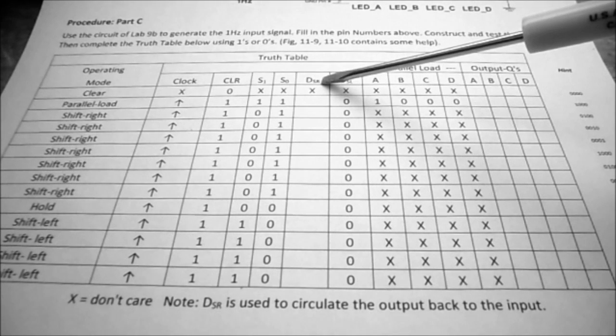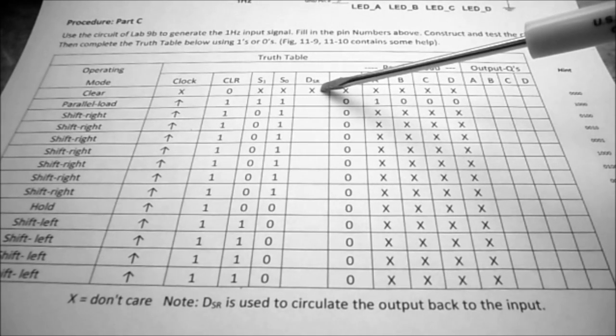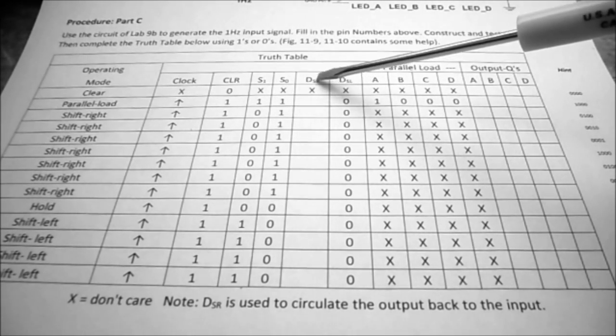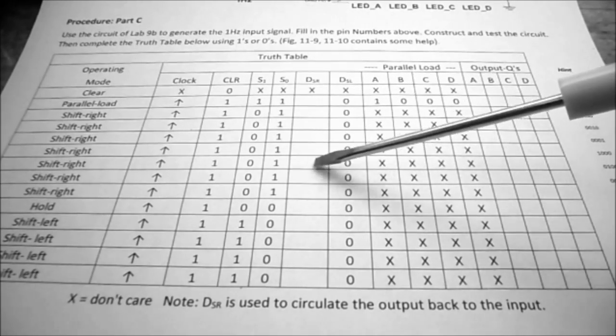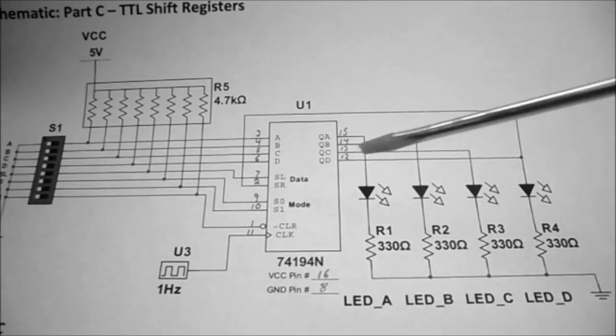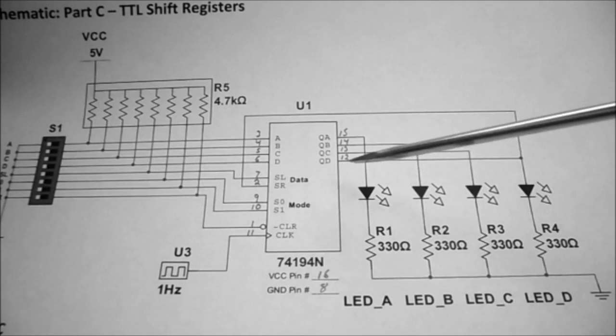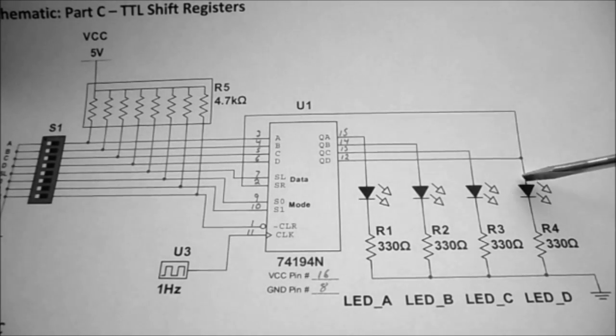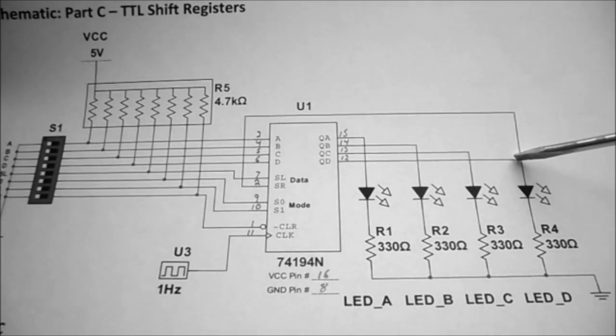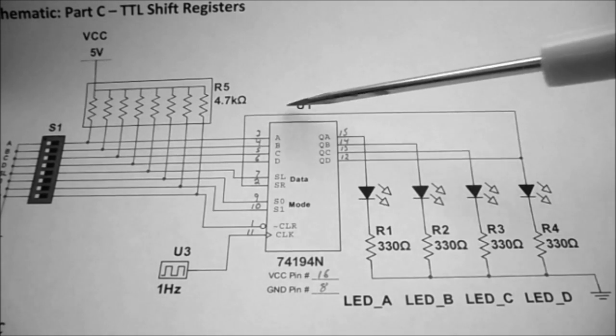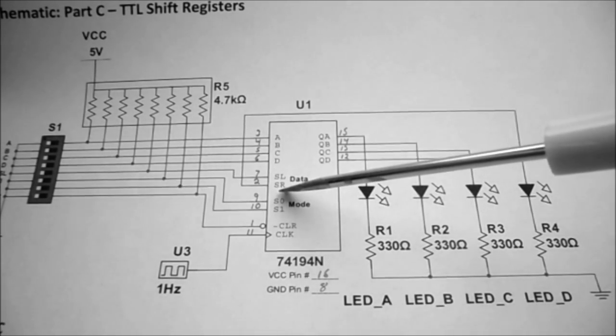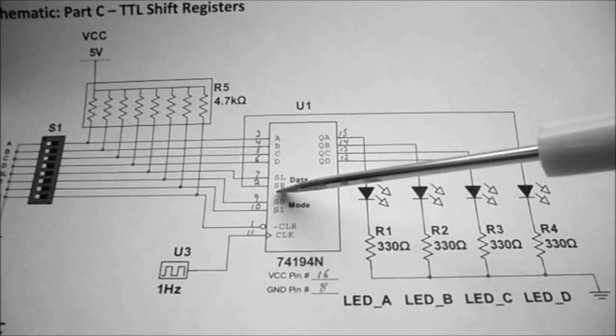Now DSR, so our data from shift right, we're not going to touch. Because when you look at our schematic, when we get over to QD, it's going to feed back into the data for shift right.